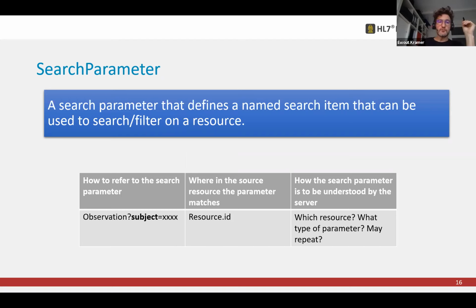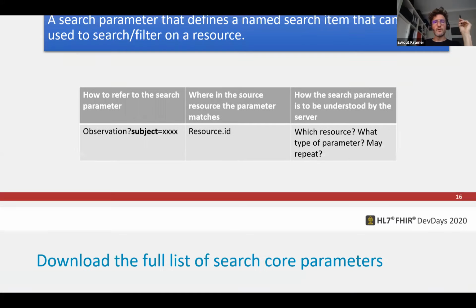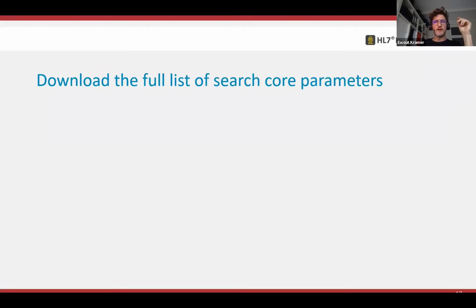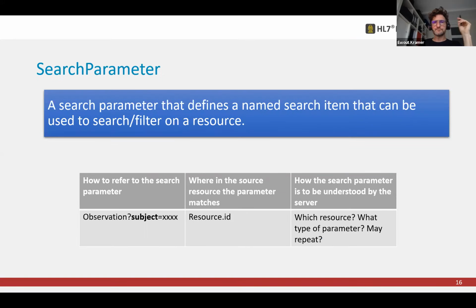So it would specify what it looks like, which data actually is then being searched, and it also tells you what kind of search parameter it is, so whether you're looking for a token. This is all described on the search.html page. There, some search parameters can repeat, others cannot. All of that is described in the search parameter resource.